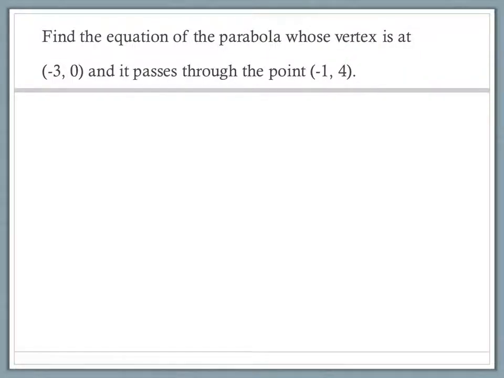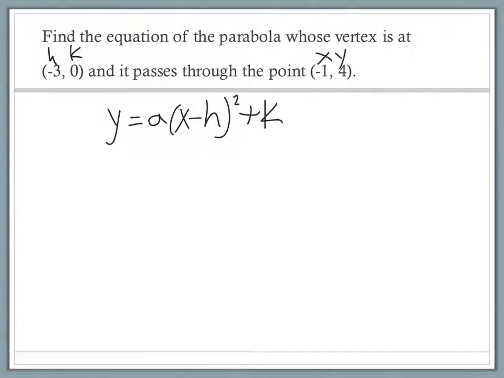Let's look at this next one. My vertex is my (h, k), then I have an (x, y). We're going to plug it into y equals a(x minus h) squared plus k. So I'm going to plug in my y, which is 4, equals a, and then my x is negative 1 minus negative 3, squared, which we know becomes a plus.